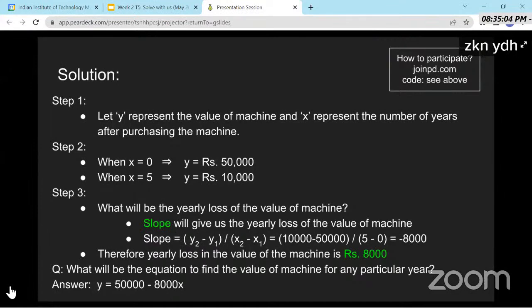I have just done this for question number 1, not for the second one. For the second question, I do understand, but how do you even get it? Equation of a line is represented as y is equal to mx plus c, where m is nothing but your slope.